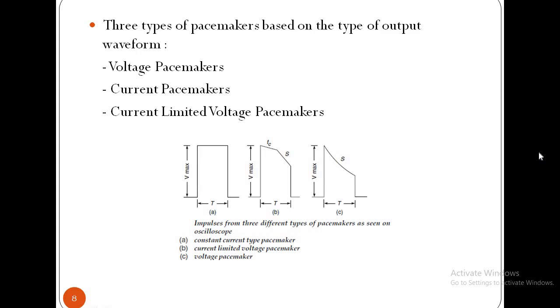In current pacemakers, throughout the impulse, the current in the circuit is determined by the internal resistance of the pacemaker. And in current limited voltage pacemakers, it is primarily a voltage circuit, but the maximum current in the circuit is limited, preventing too large a current impulse from circulating when there is a low resistance in the electrode circuit.